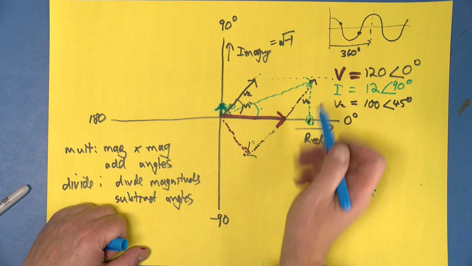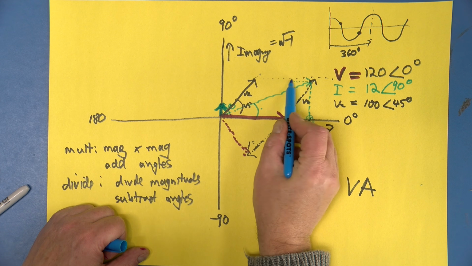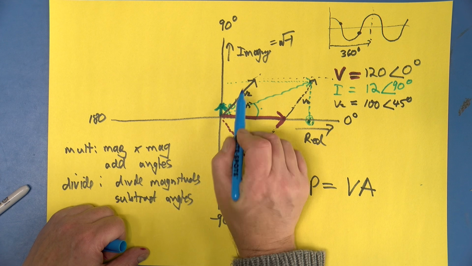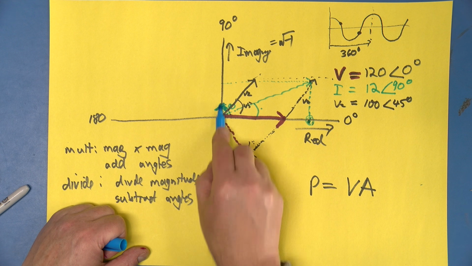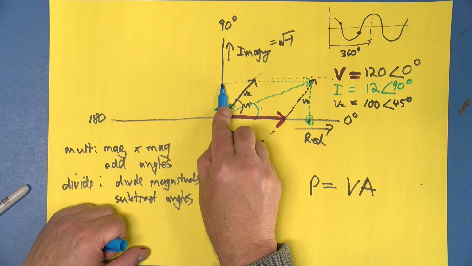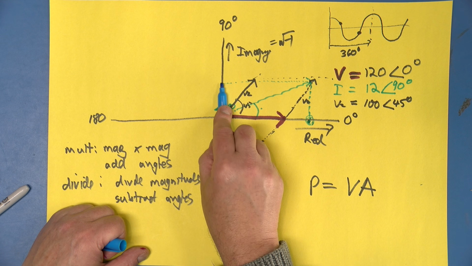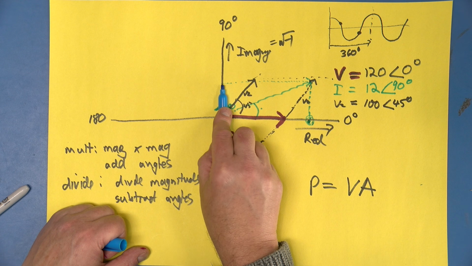And quite similarly, we can take a line over here to this imaginary axis, and this distance over here is the amount of reactive power, the power that's going back and forth in the power line, but not delivering any real power to the actual load.